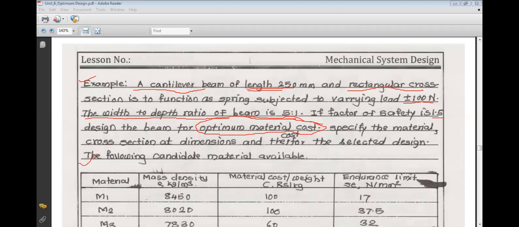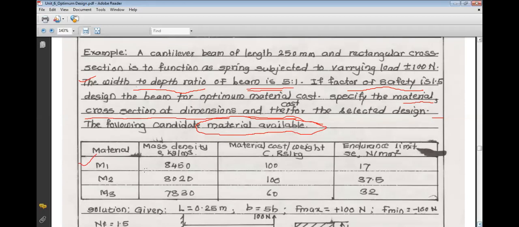So these materials are: first material M1, second material M2, third material M3. The mass density is given for all three materials, in kg per meter cube. Then material cost per unit weight is given, so it is in rupees per Newton.